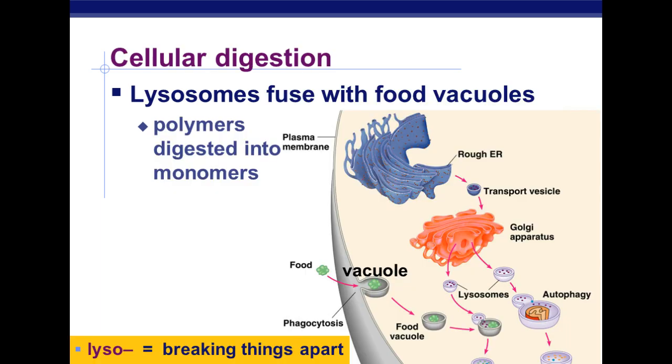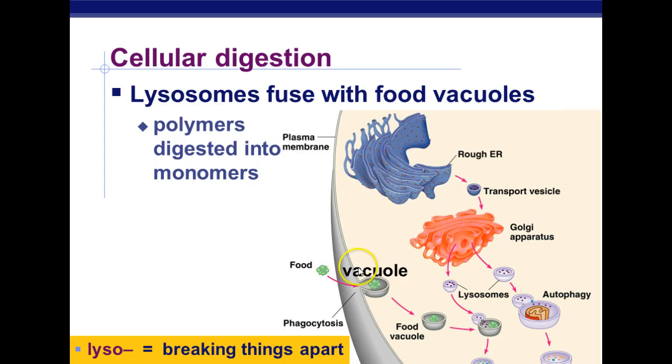So write in your notes that animal cells also contain food vacuoles that use phagocytosis to bring food particles inside the cell, and that lysosomes then fuse with these food vacuoles in order to digest those food molecules. So you see the whole synthesis process in this picture. The rough ER synthesizes the lysosome.